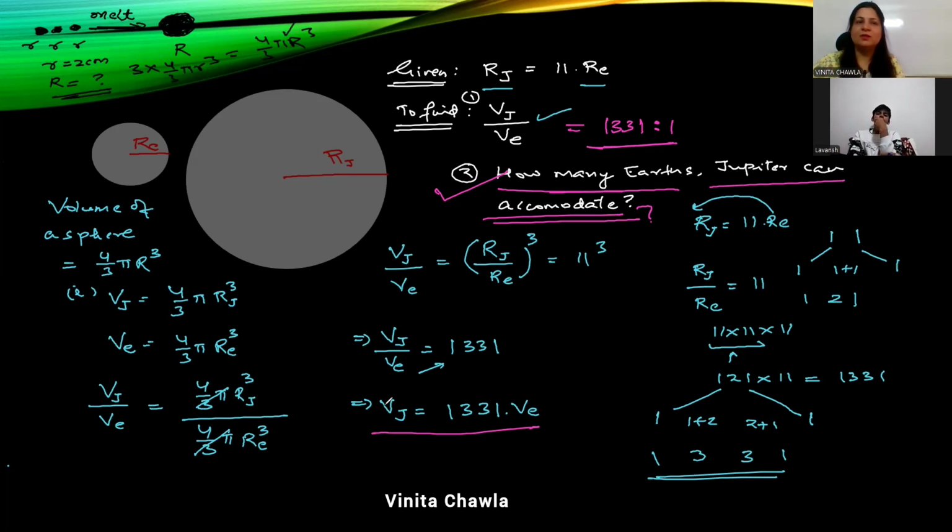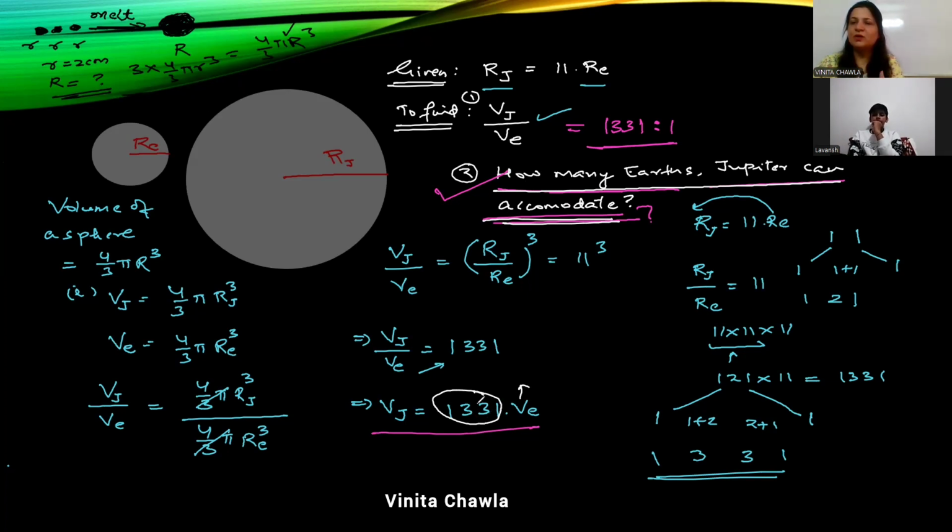So now again, something in volumes is given like this. The question is, how many Earths can Jupiter accommodate? If the volume of Earth has been multiplied by 1331, only then are we getting the volume of Jupiter. It means that if we have this number of Earths and we just add the Earth's volume, then we can make a Jupiter.